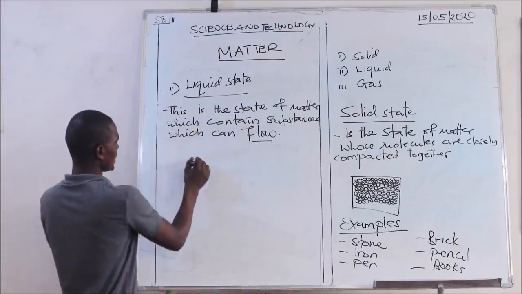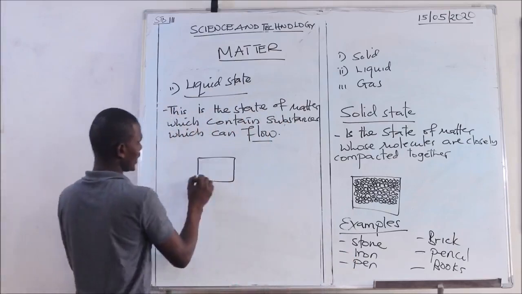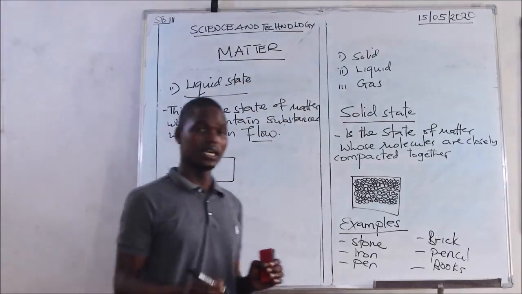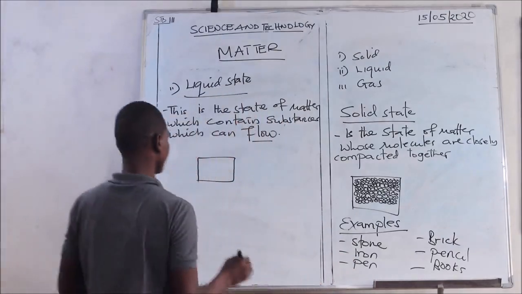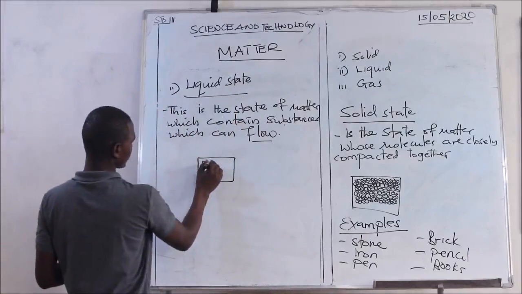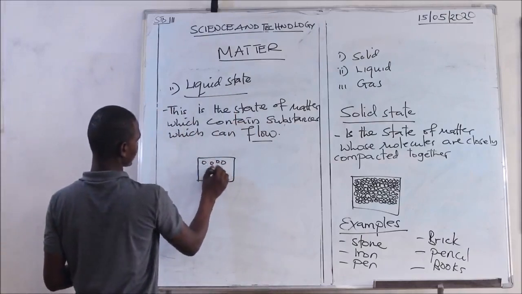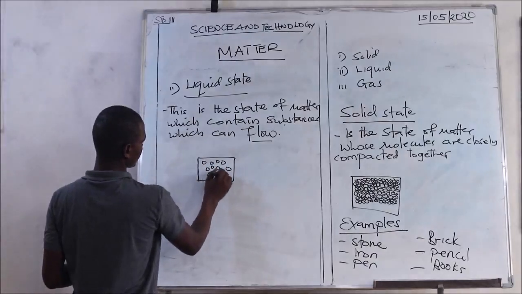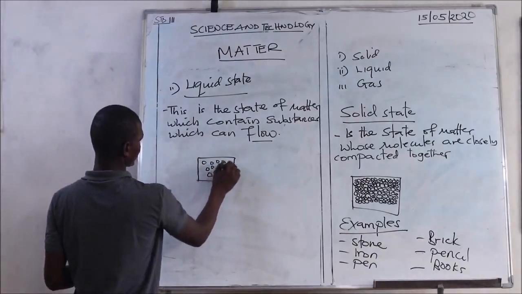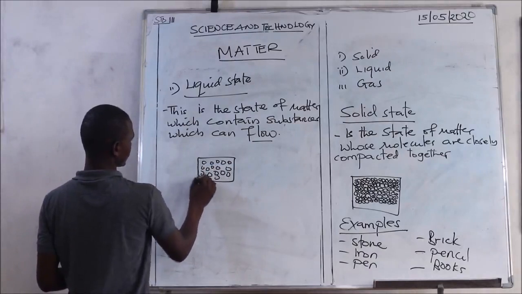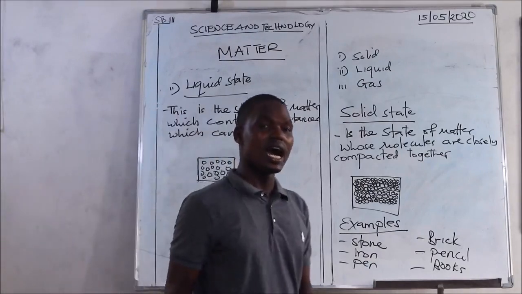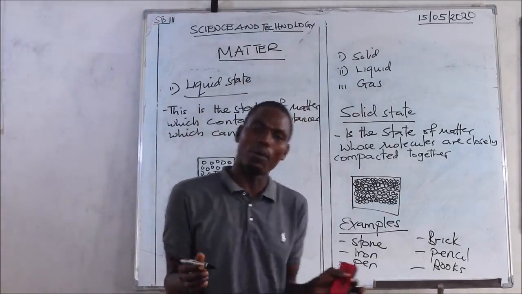Now, let me just draw a diagram to illustrate how molecules in a liquid are. Now you can see, these molecules in liquid are not closely compacted.